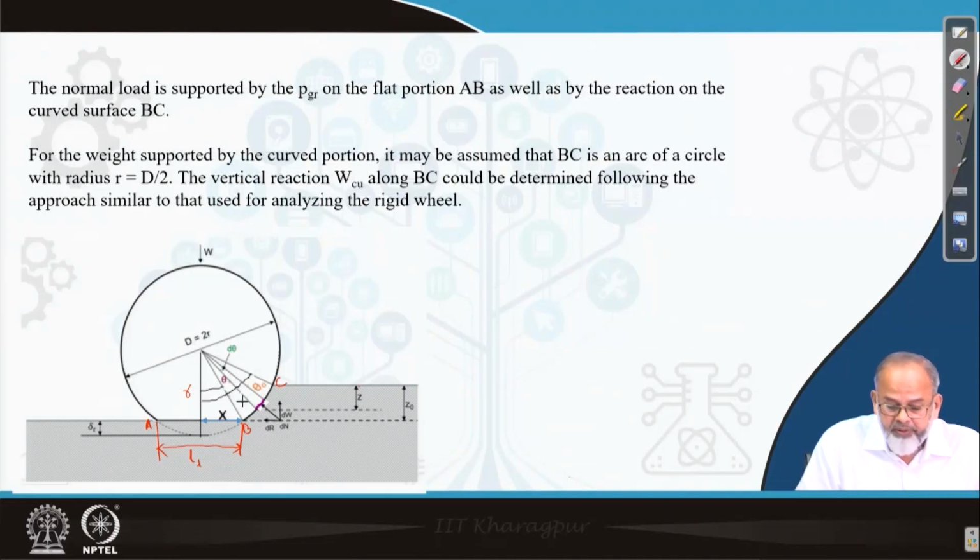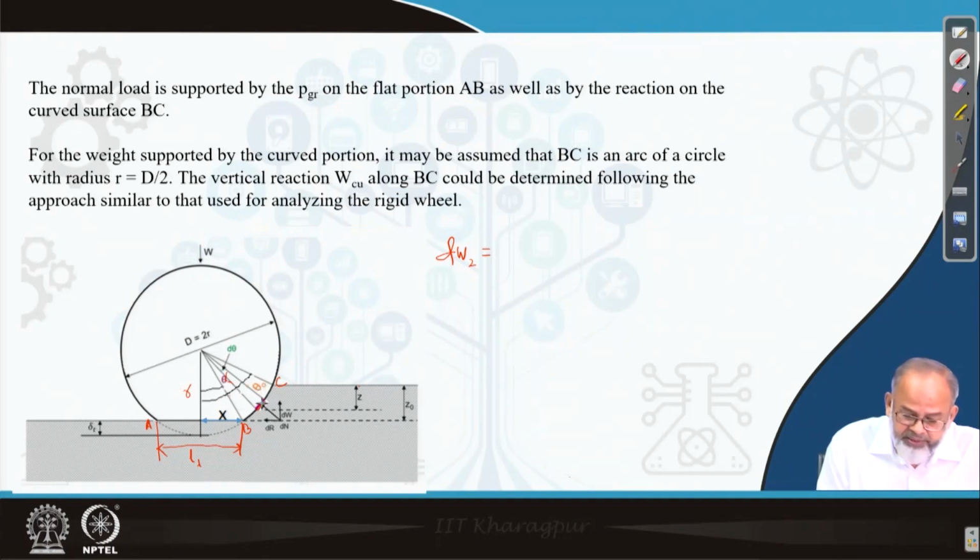It will have a component dW, and it will have a component dR. dR is related to your rolling resistance and dW will be related to the vertical load which is supported. Now, dW will be equal to, if I take a small element subtending angle d theta, which I have indicated in this.